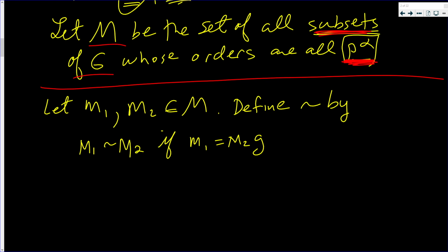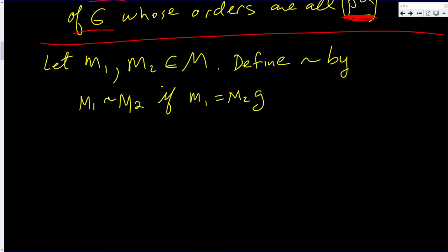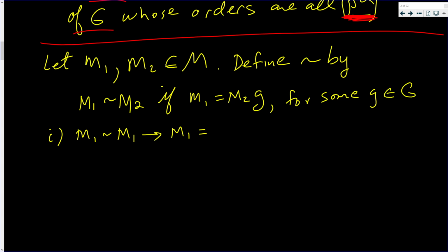Or, is it an equivalence relation? Let us check this. Number 1: is M1 related to itself? And the answer is yes. If M1 is equal to M2 times some element g in the group G, then we say M1 and M2 are related.